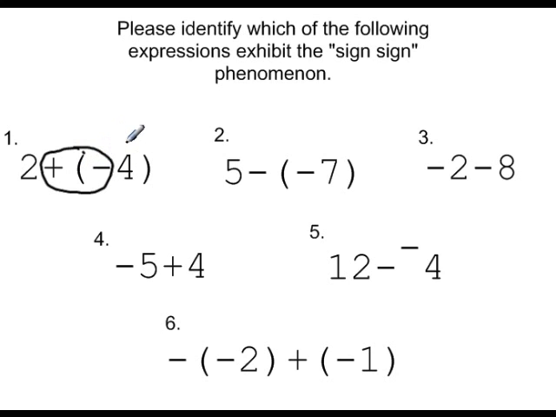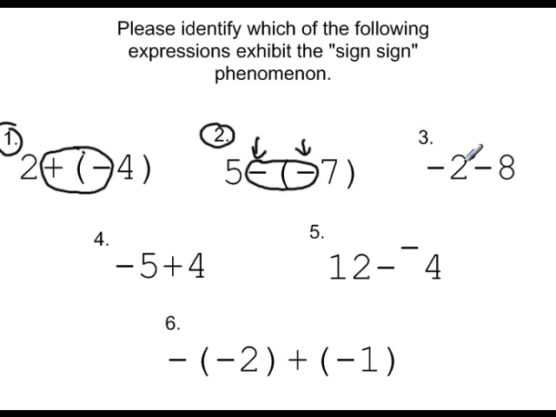One's an operation, one's a sign, okay, in a row. So this does exhibit the sine-sign phenomenon. Number 2, 5 minus negative 7. Pretty much the same phenomenon. You get an operation followed by a sign, so that's going to be the sine-sign phenomenon.